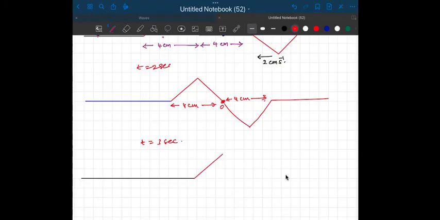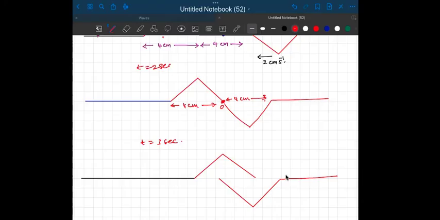At t is equal to 3 seconds, what actually is supposed to happen is this.